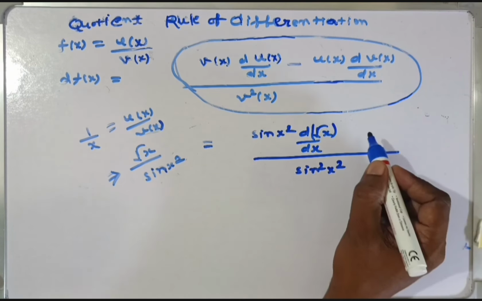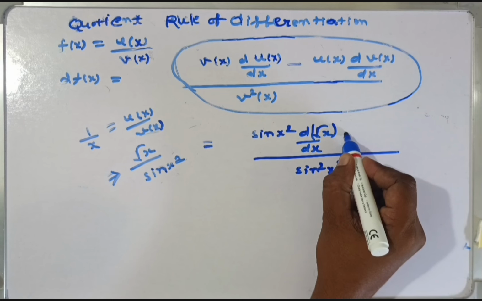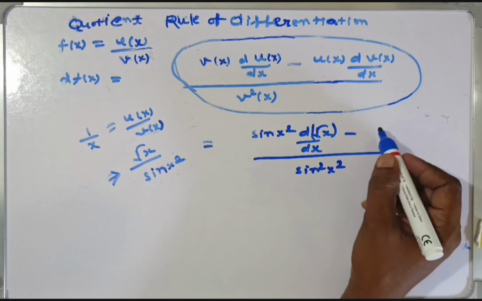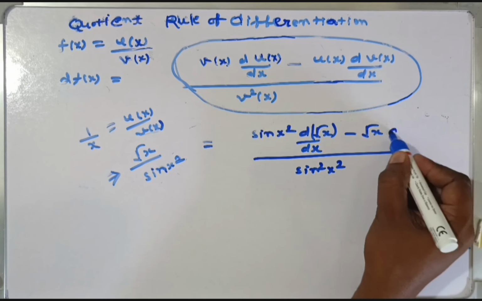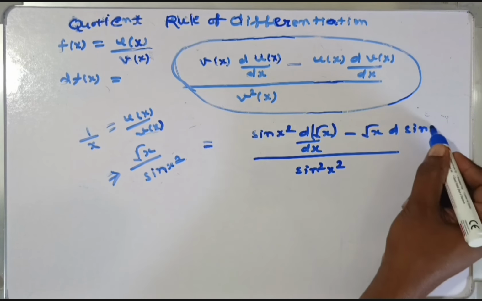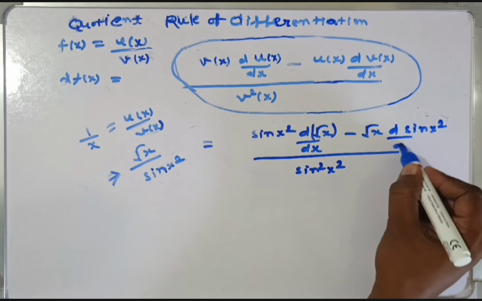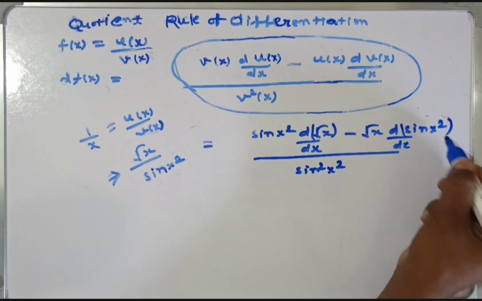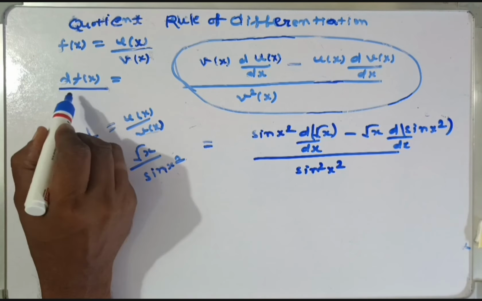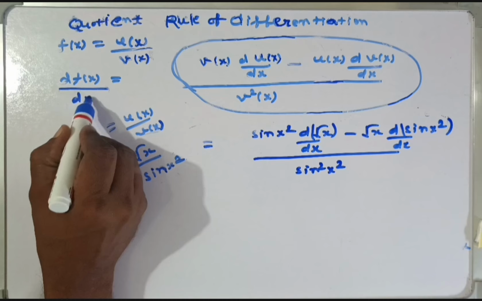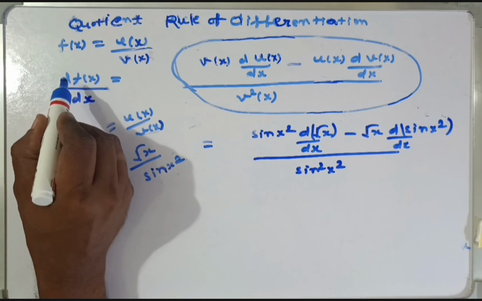Then we write a negative sign and put root over x, then d of sine x square by dx. Okay guys, we have left here the derivative of this one, df by dx.